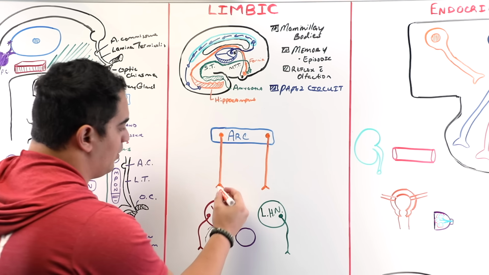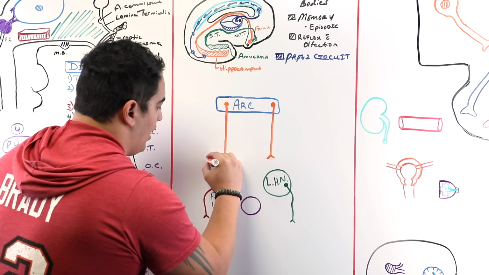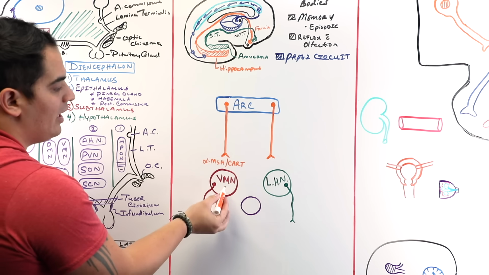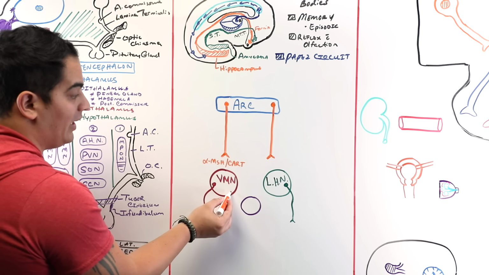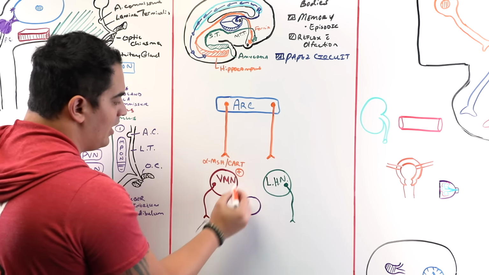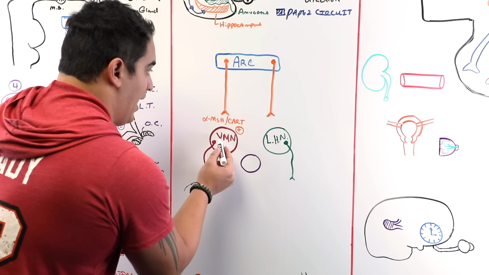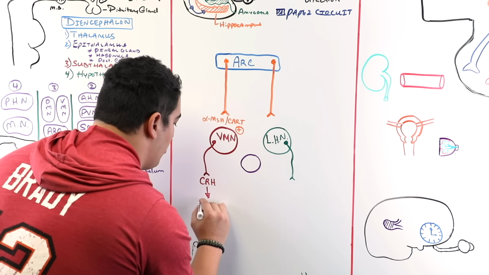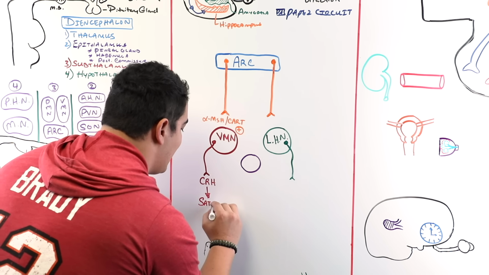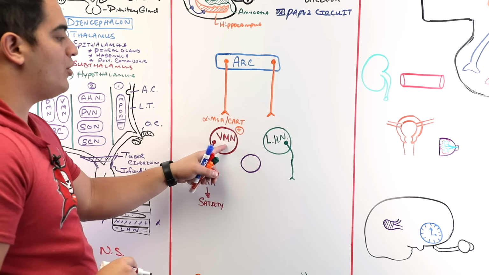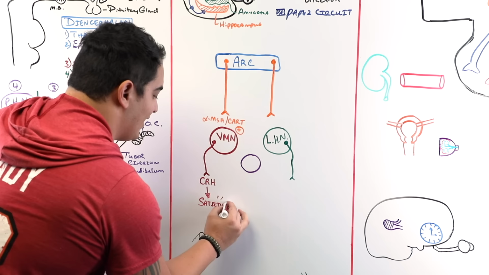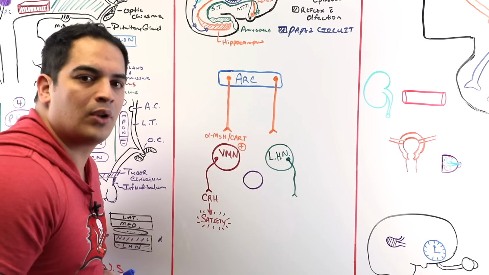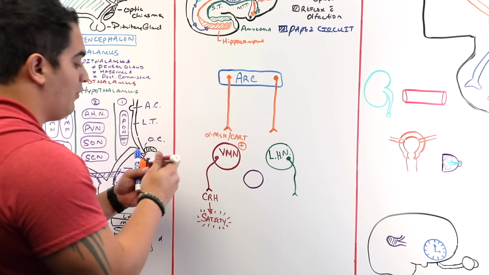If the arcuate nucleus releases certain types of peptides, alpha melanocyte stimulating hormone and cocaine amphetamine regulated transcript, this modulates the activity of the ventral medial nucleus, right? So it may stimulate it. So the ventral medial nucleus, when acted on by these neuropeptides, will release a hormone called corticotropin releasing hormone. And when this hormone is released, it induces satiety. So what I want you to associate the ventral medial nucleus with is satiety. What does that mean, satiety? It makes you feel full, right? So the ventral medial nucleus is involved with satiety.